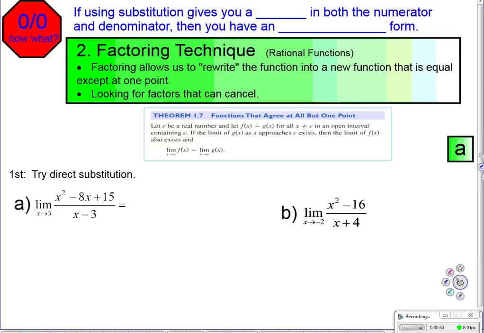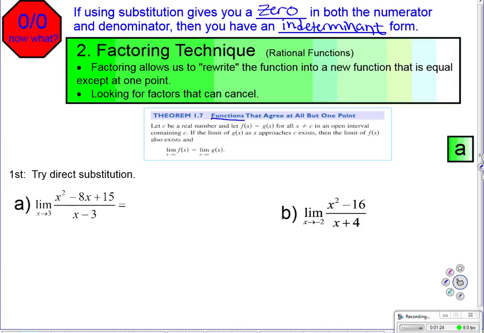If using substitution gives you a 0 in both the numerator and the denominator, then you have what we call an indeterminate form, which kind of means you cannot determine the answer because you're trying to divide by 0. The way we can get around this when taking limits is to try factoring and having a factor cancel with top and bottom.